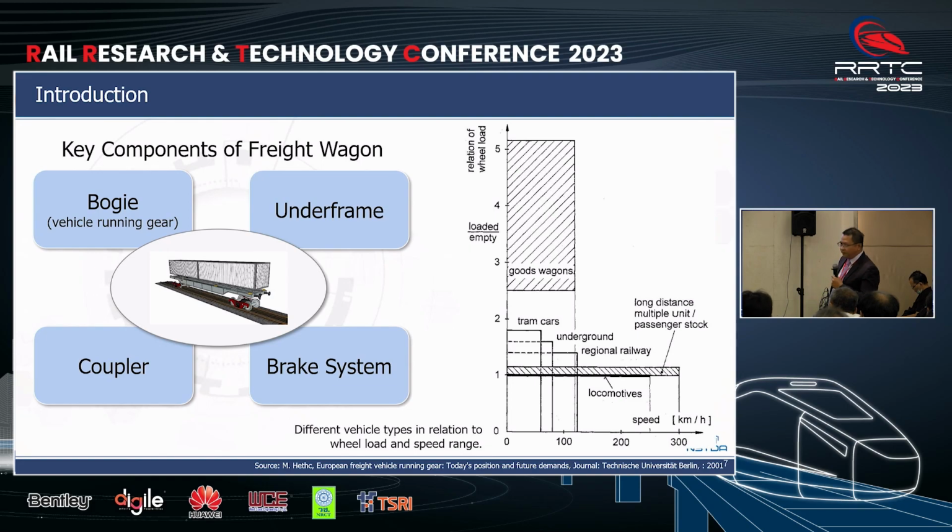In terms of the freight wagon, there are 4 key components, which include the underframe. The underframe, I think Thai industry has enough capability to manufacture. The second thing is the brake system. We are discussing whether Thailand can produce the brake system used for the railway. Maybe, okay. And we need to talk about coupler devices.